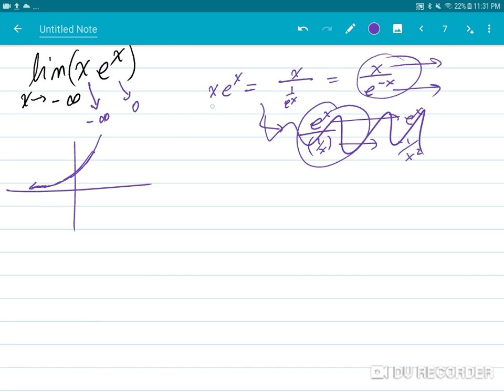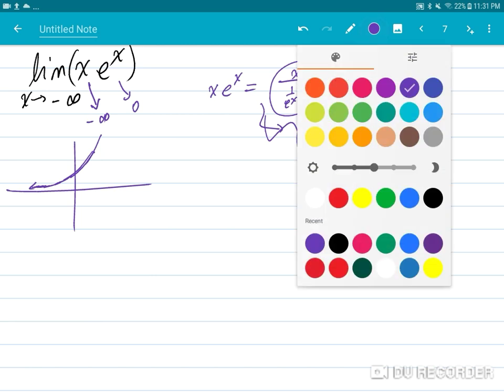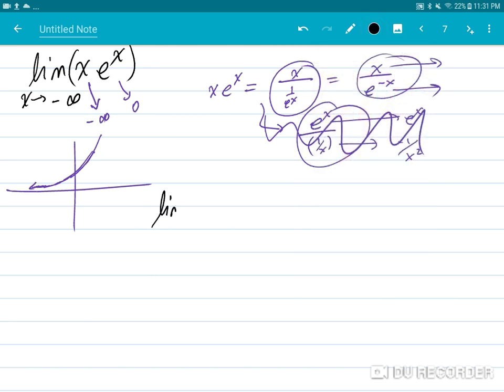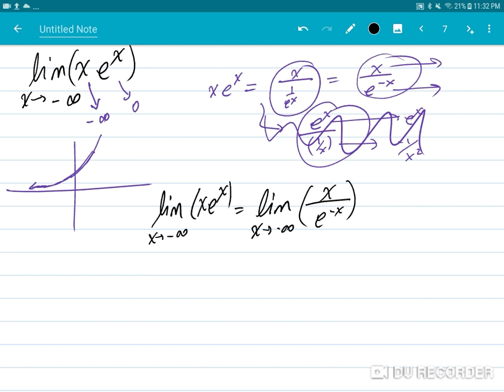So for x times e to the x, I'll take this option to calculate the limit. The limit of x e to the x as x approaches minus infinity is the limit of x over e to the minus x as x approaches minus infinity.